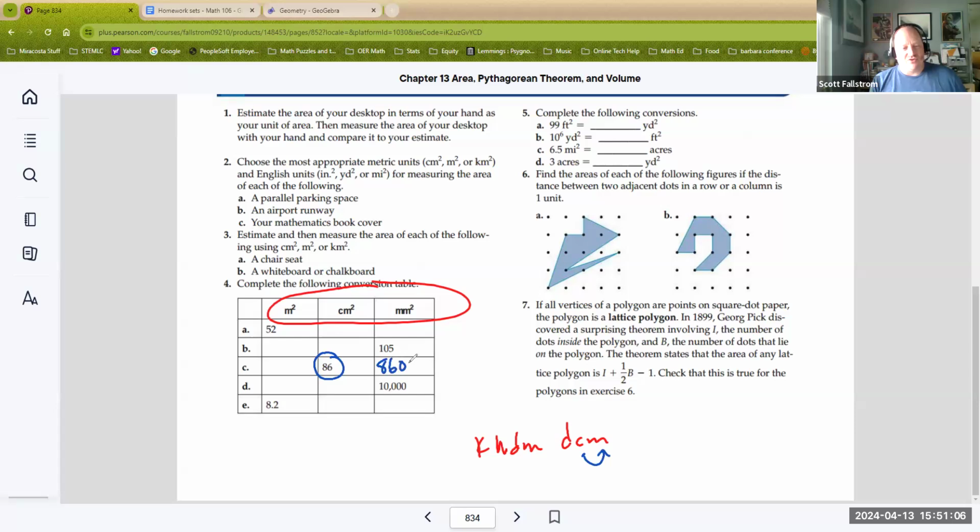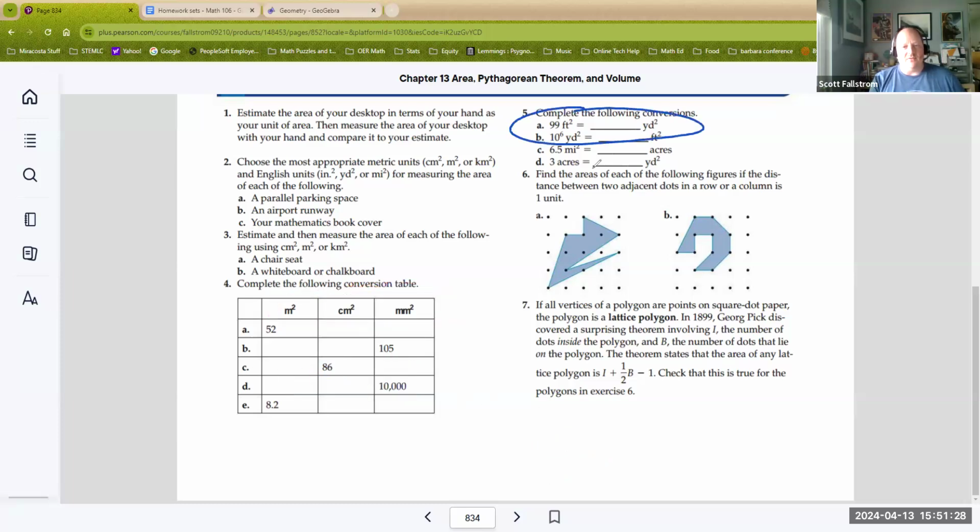So move the decimal 2 places. That's how we can get there. If you're moving from millimeters squared all the way back to meters squared, you're going to go 2, 4, 6. So 1, 2, 3, 4, 5, and 6. So 0.01 would be your square meters. And I'll let you do the centimeters one as you go.